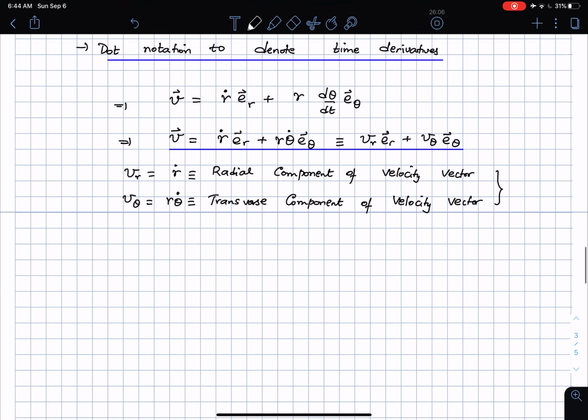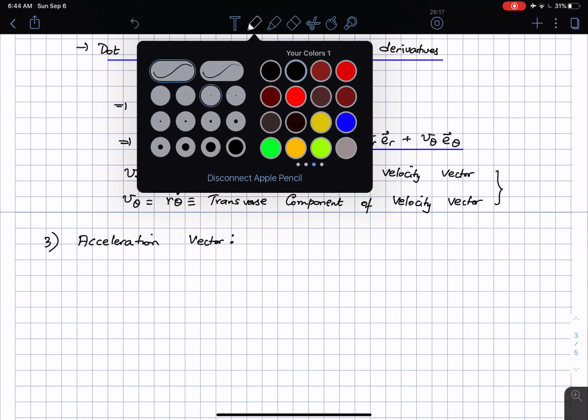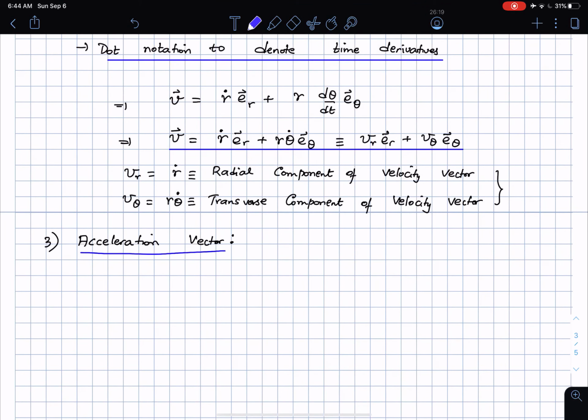Now we go to the acceleration vector. If I go to the acceleration vector, here is what I have.